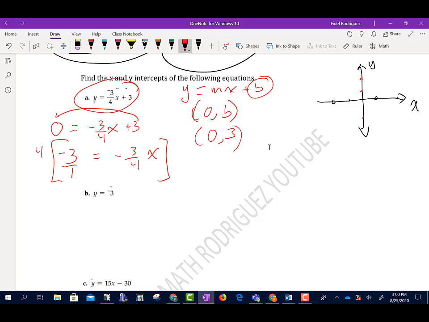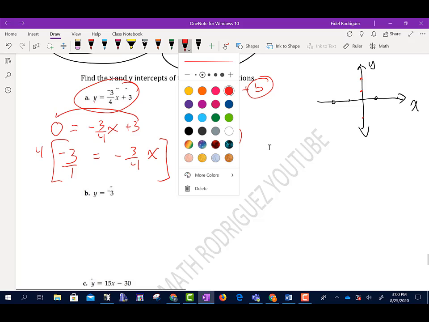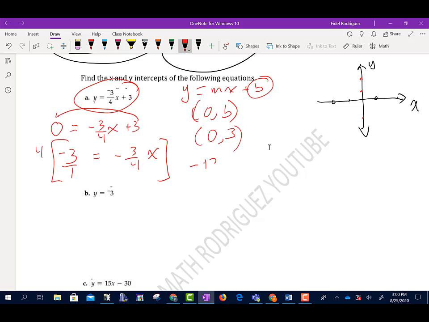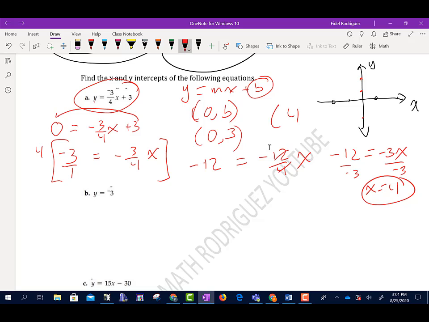And that'll give me negative 12 equals negative 12 over 4 with an x, which will be negative 12 equals, this reduces to negative 3 with an x, divide by negative 3, and we get x equals 4. So my x-intercept would be 4, 0, and my y-intercept would be 0 and 3. Okay.